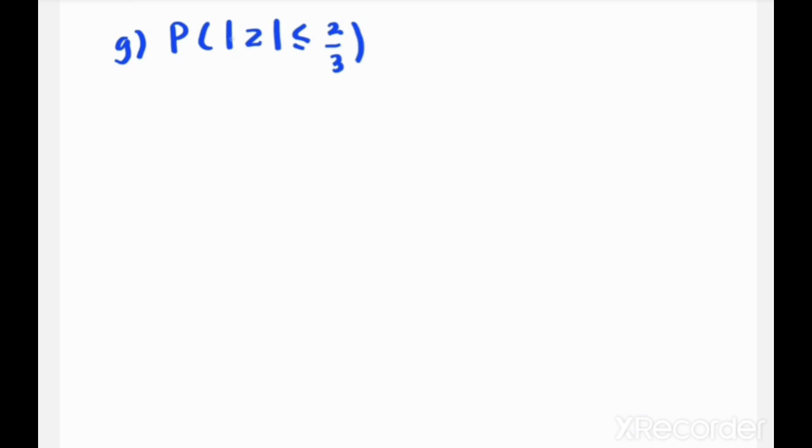Because this is a modulus, when you open it, it becomes Z between negative 2 over 3 and 2 over 3. This is only for when the modulus sign is less than. So you will get like this.